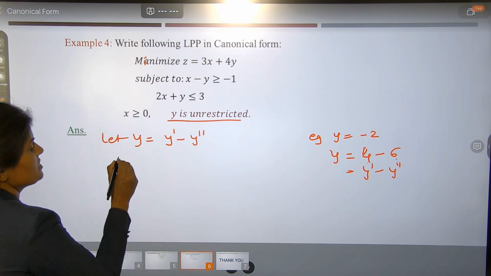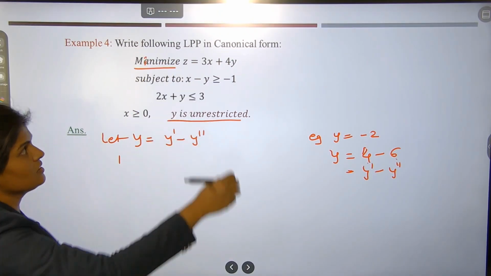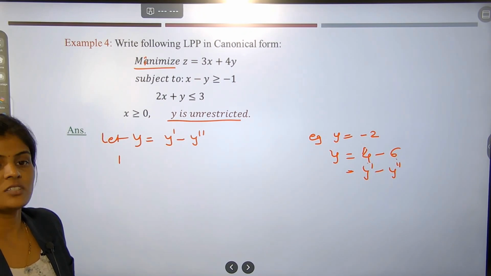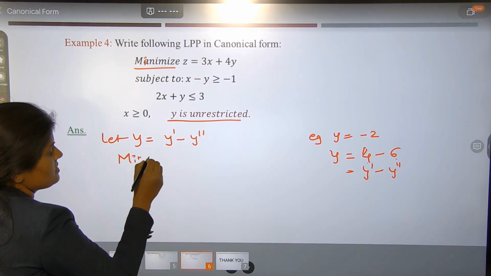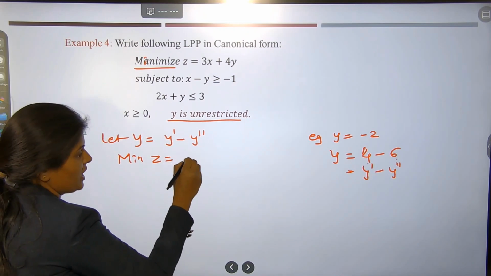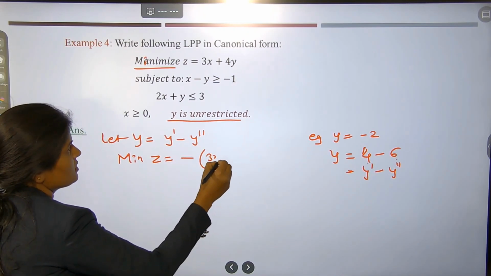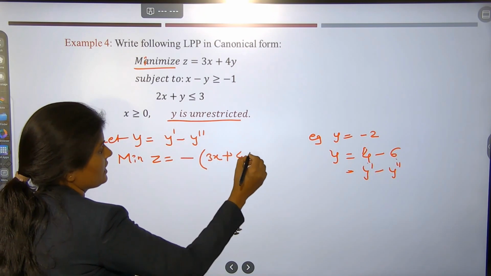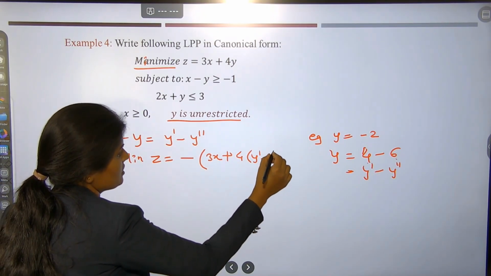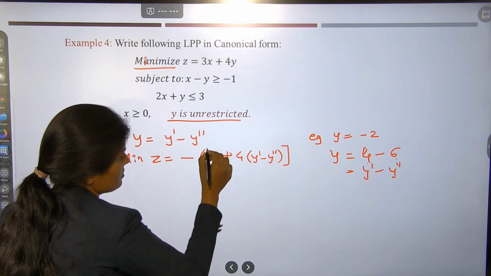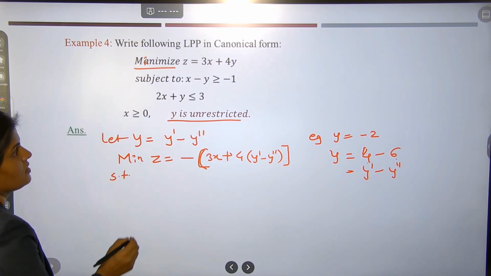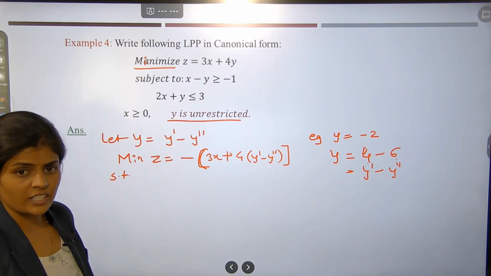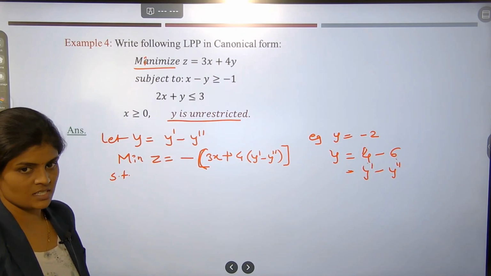So the canonical form is, but here the objective function is of minimization type, so we convert it into maximization type. So again we multiply: minimize Z equals minus 3x plus 4, but y is y dash minus y double dash, subject to the first constraint. But the first constraint is of greater equal type, so we again multiply the first constraint by minus 1.